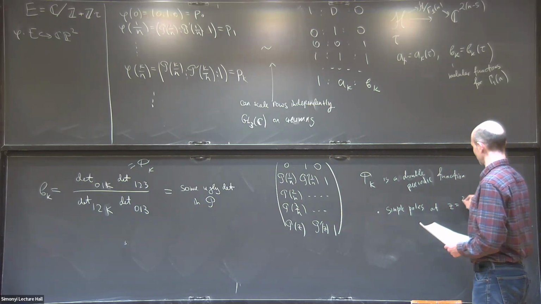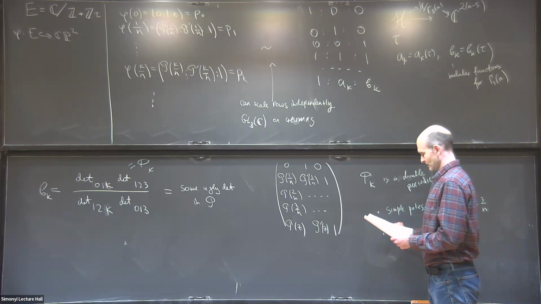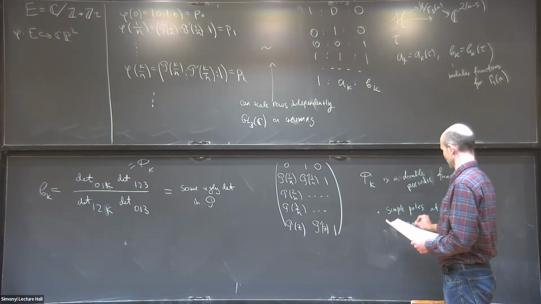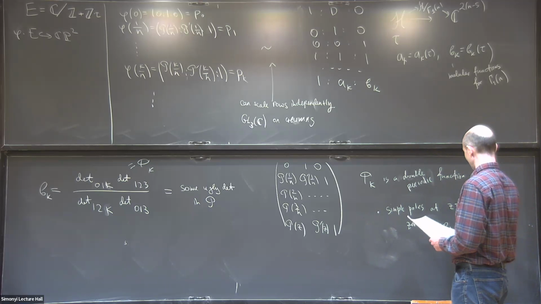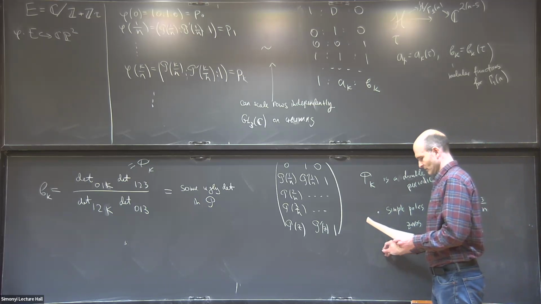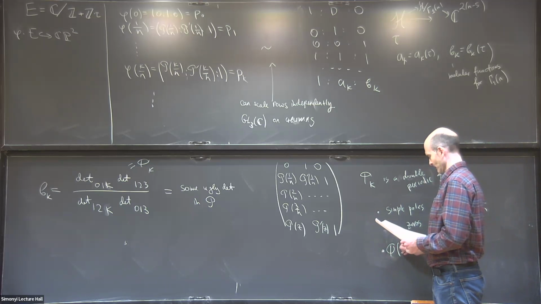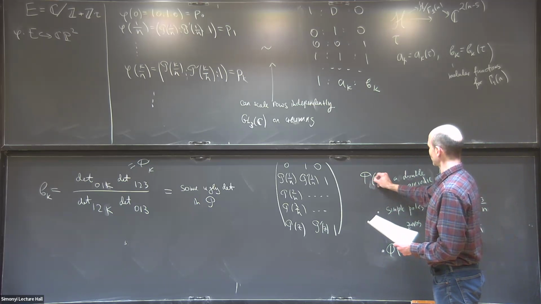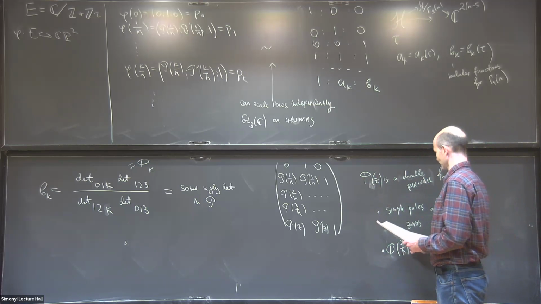at z equals 2 over n and negative 3 over n, simple zeros at z equals 0 and z equals negative 1 over n, and also it has this property: phi of z at 3 over n is 1.